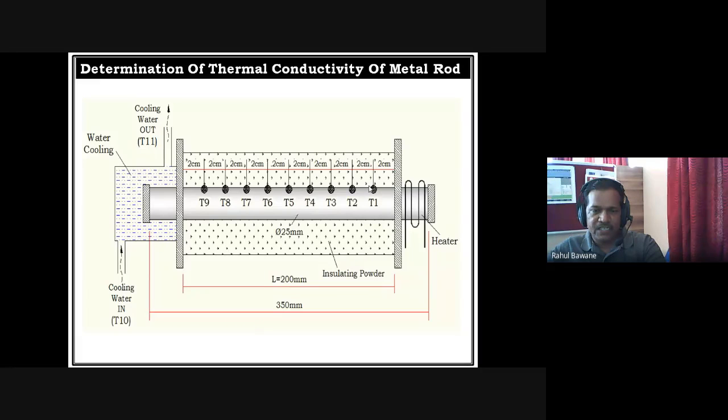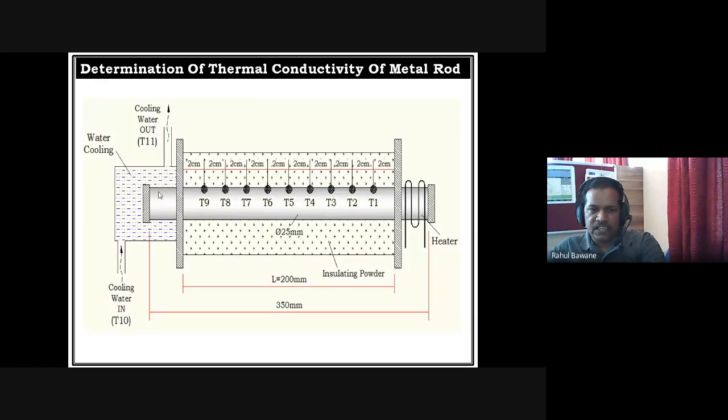This is our test length of the metal rod. From the heater side, thermocouples are attached exactly at a 2 centimeter difference: first thermocouple T1, T2, T3 up to T9. So 9 thermocouples are mounted on the rod.